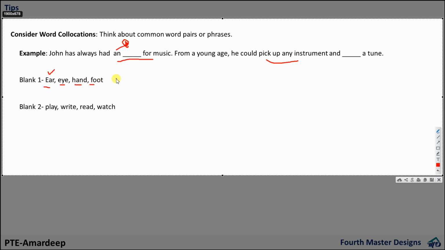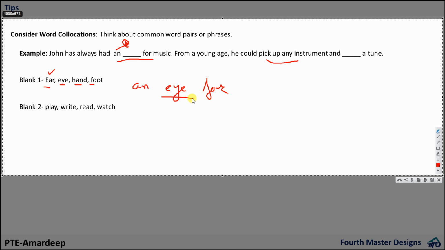Now, if you go with the second one, if I write an eye for, if you keep the eye here, it is also up to some extent correct, but not in this context.